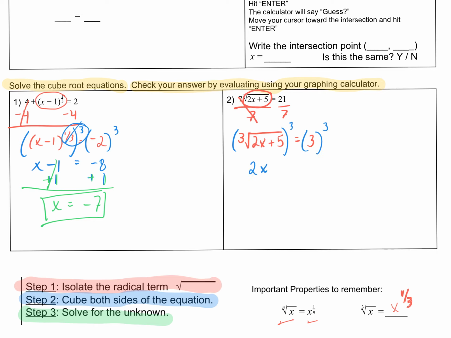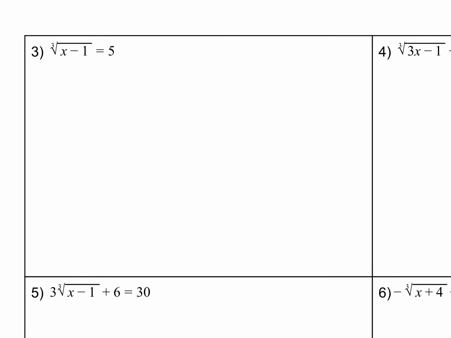So we have 2x plus 5 is equal to 27. Solve for the unknown. Subtract 5 on both sides. Divide both sides by 2. And x is 11.